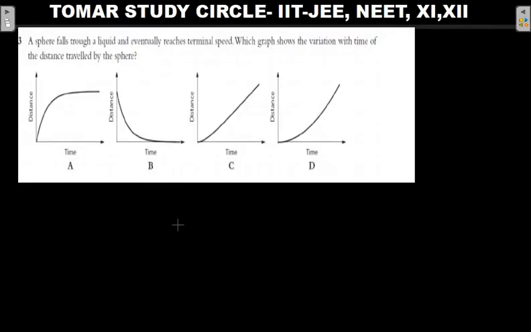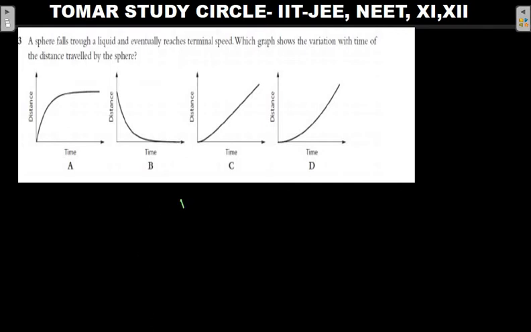A sphere falls through a liquid and eventually reaches terminal speed. Which graph shows the variation with time of the distance traveled by the sphere? First we should know the meaning of terminal speed. Terminal speed is the constant speed with which a body falls in a fluid or liquid.